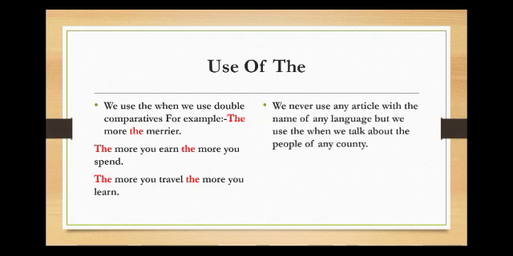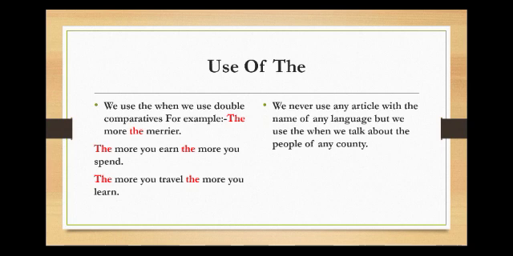Children, we never use any articles with the name of any language. If you are talking about any language, we never use any article before its name. For example, we never say I can speak the English. I know the Punjabi.